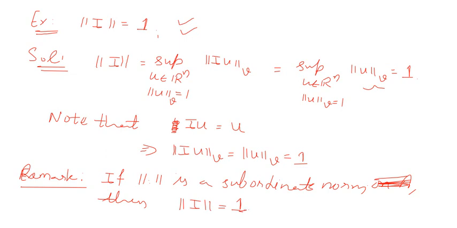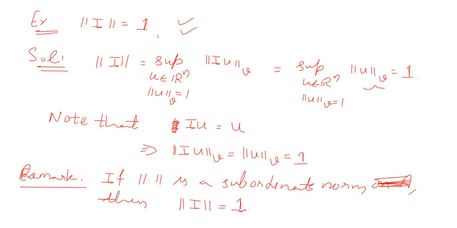If it is a subordinate norm, then norm of I must be 1. So this remark tells you that if the given norm is a subordinate norm, then the norm of an identity matrix must equal 1.